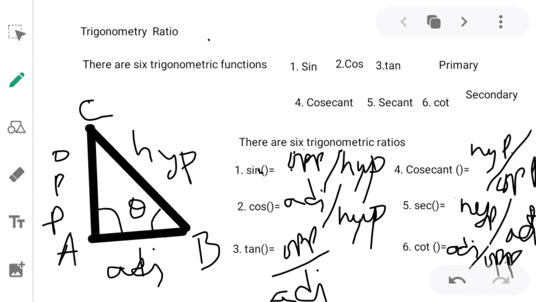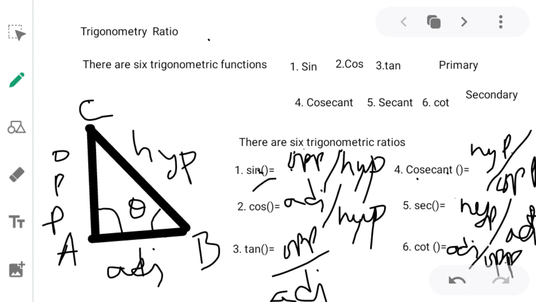Then there are 3 reciprocals of the primary set. That means if sine theta is opposite by hypotenuse, cosecant theta is the reciprocal of sine theta. Reciprocal means 1 over. Sine theta equals opposite by hypotenuse, then cosecant theta is hypotenuse by opposite.